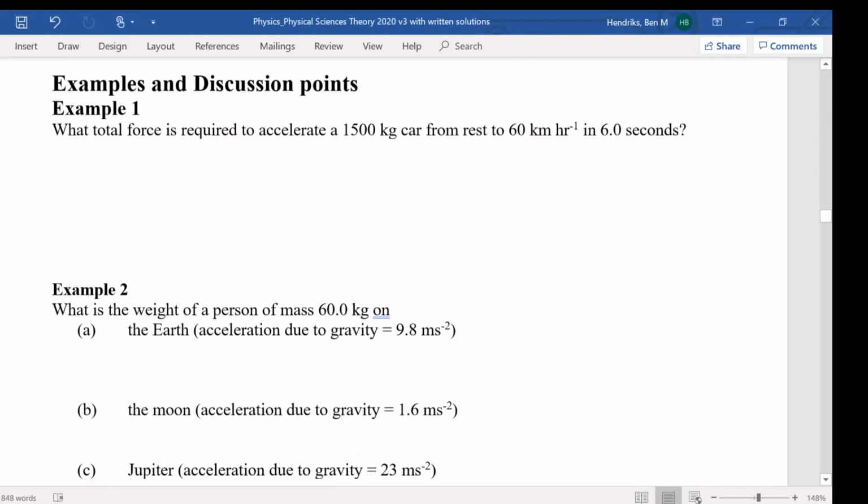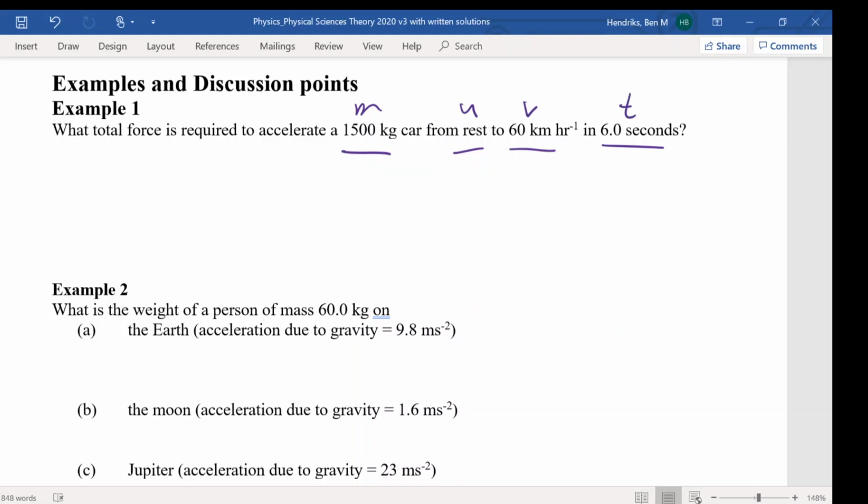Example 1: what total force is required to accelerate a 1500 kilogram car from rest to 60 kilometers an hour in 6 seconds? This is our mass, this is our initial velocity of 0, this is our final velocity, and this is equal to time.